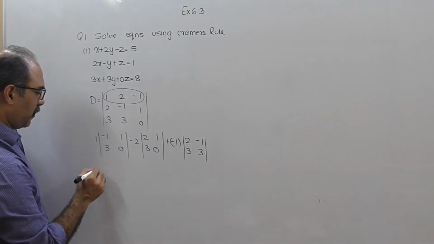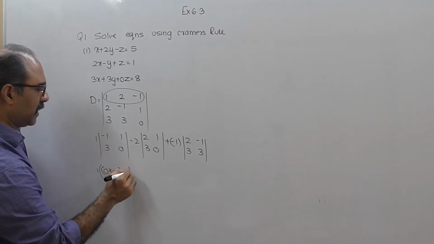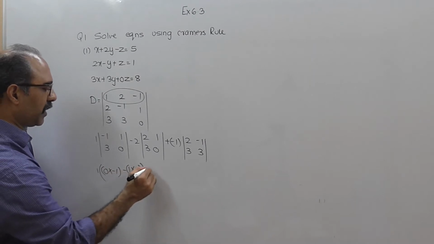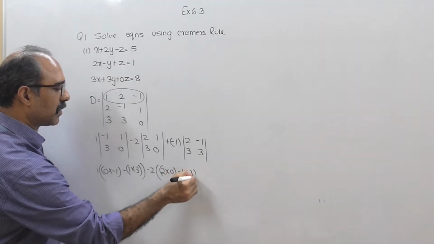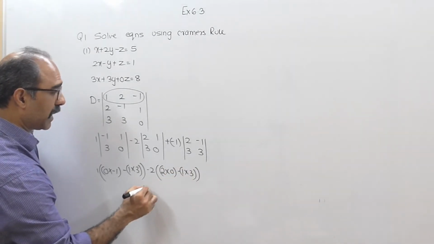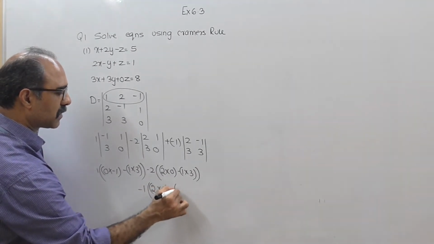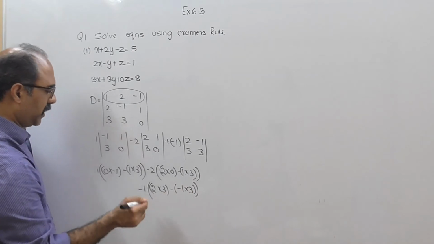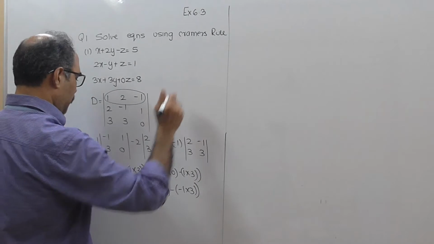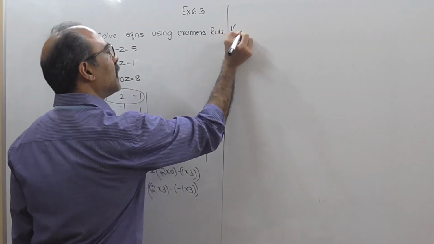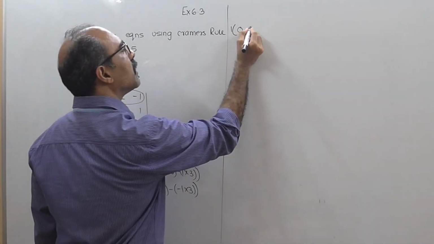Now solve this. 1 times 0 into minus 1 minus 1 into 3, minus 2 times 2 into 0 minus 1 into 3, minus 1 times 2 into 3 minus minus 1 into 3. So what do we get? 1 times, 0 into anything will give you 0, minus 3.